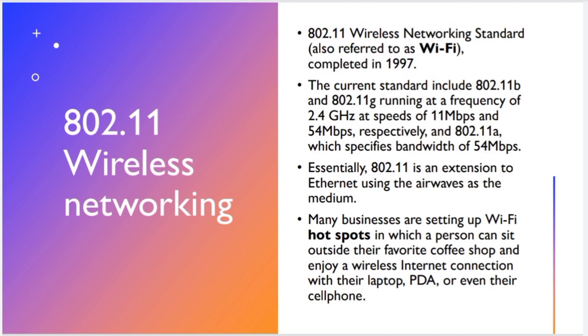Essentially, 802.11 is an extension to Ethernet that uses the airwaves as the medium. Many businesses are setting up Wi-Fi hotspots in which a person can sit outside their favorite coffee shop and enjoy a wireless internet connection with their laptop, PDA, or even their cell phone.